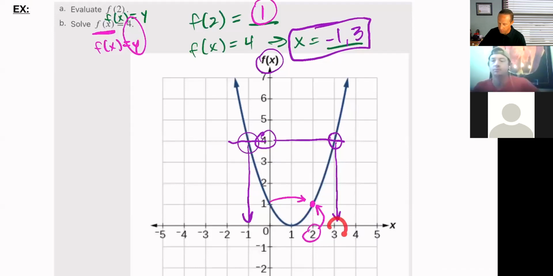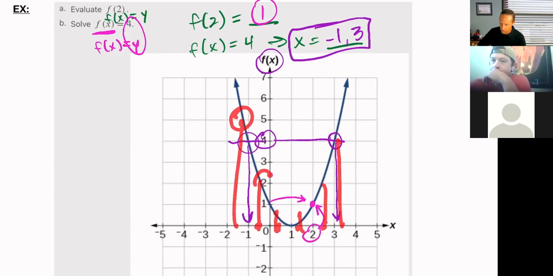But if I put in a 3, what do I get out? What's the only thing I can get out? 4. How many? 1. Only one thing. So when I plugged in 3, look, I got one thing out. When I plug in -1, one thing out. So notice I keep drawing for any x that I select. I kept going up until I hit my graph, and notice it only hit at one place.